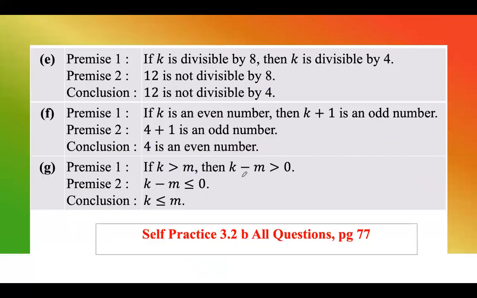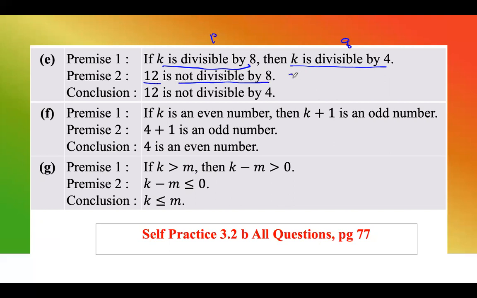Okay, let's go to the next one. If k is divisible by 8, then k is divisible by 4. Okay, k is divisible by 8, then k is divisible by 4. So this is p, this is q. So here 12 is not divisible by 8.